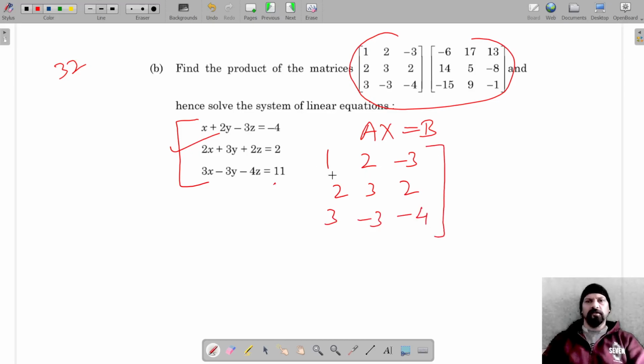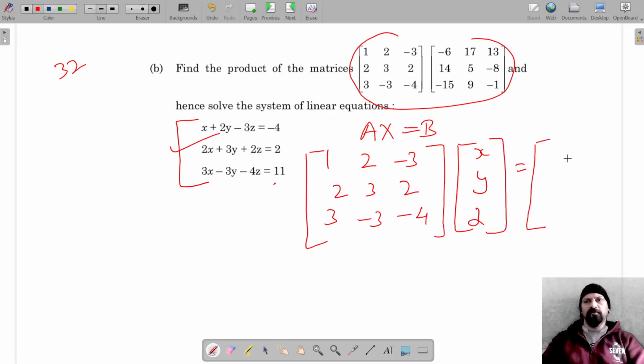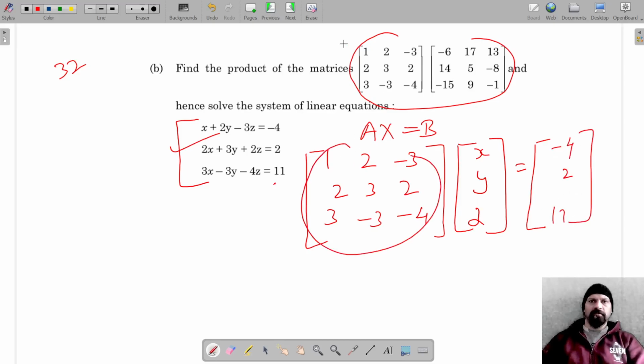This is the A matrix. The X matrix will be X, Y, and Z, and B will be the matrix of the constants, which are negative 4, 2, and 11.